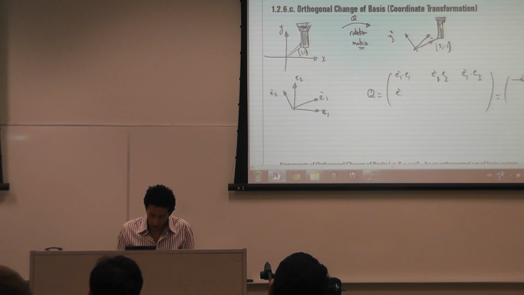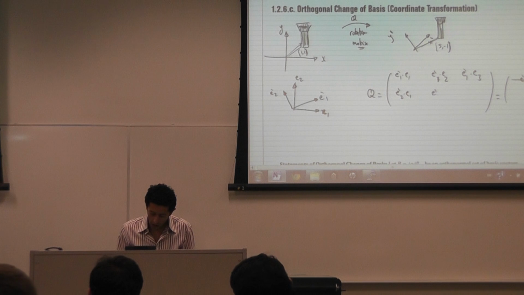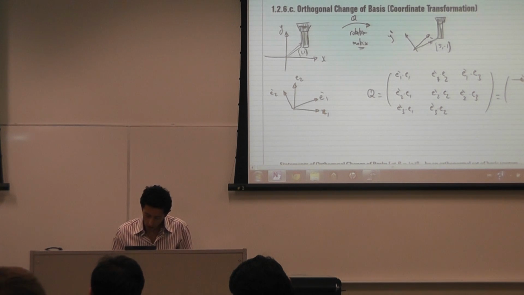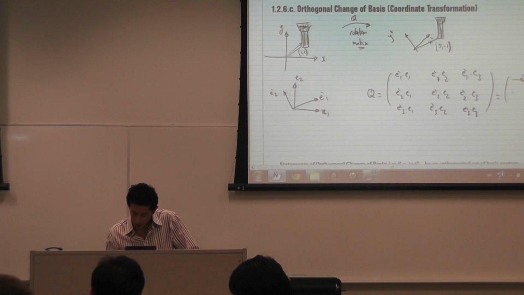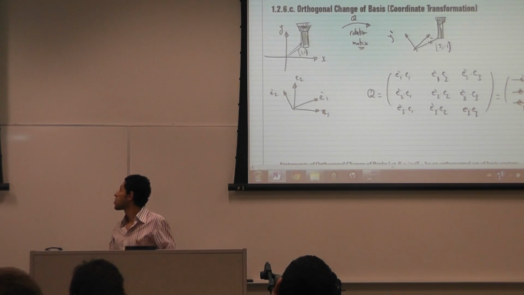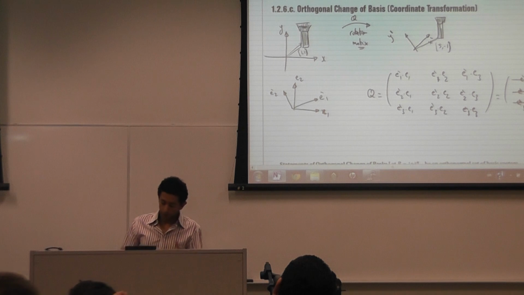This is the component of E dash 2 in E1, E dash 2 in E2, E dash 3 in E3. So you get this matrix that's made out of those vectors.